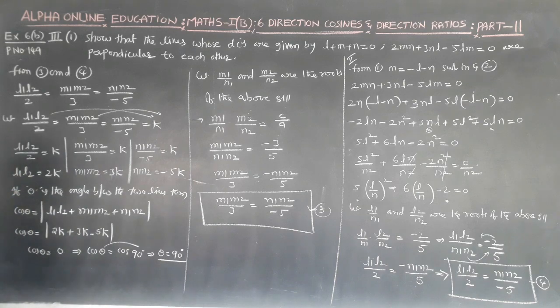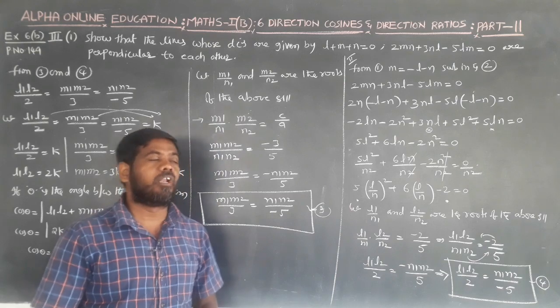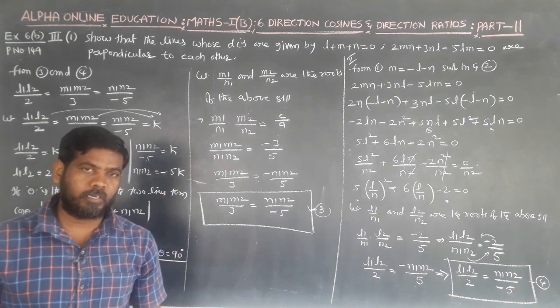Theta is equal to 90 degrees means the two lines are perpendicular. The lines 1 and 2 are perpendicular.